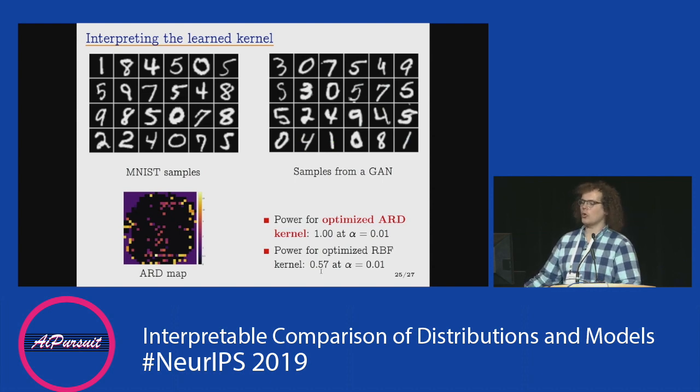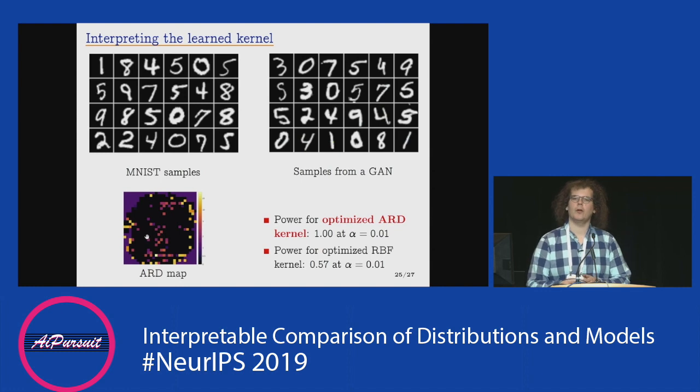You can also look at what the ARD weights you learned are. By looking at these pixels, mostly this diagonal thing down the middle and mostly ignoring these parts, you can find a good difference. That tells you something about the ways that the GAN is wrong; you can see that the GAN is wrong by looking at these points.